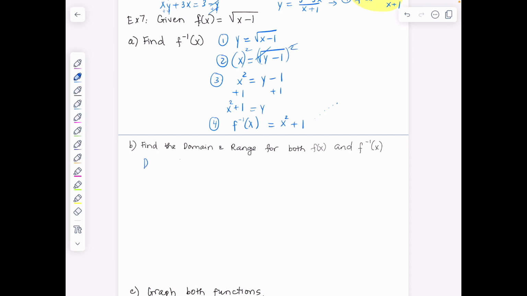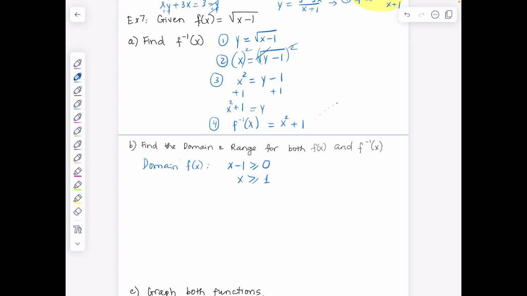So if I were to find the domain of f of x, which is defined by the square root of x minus 1, I know that x minus 1 must be greater than or equal to 0 because we don't want the radicand to be negative. So x must be greater than or equal to 1. So that will be the domain for f of x.